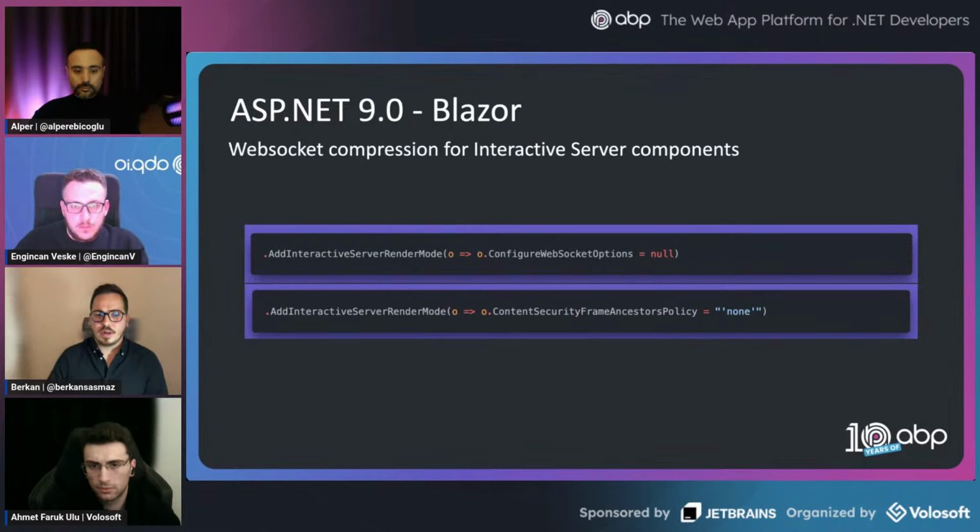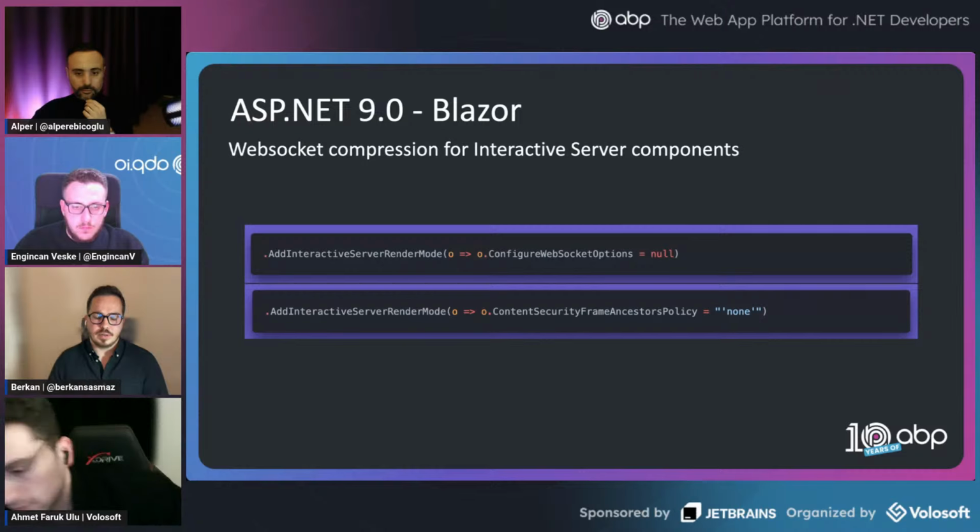Next up, by default, interactive server components enable compression for WebSocket connections and set a frame-ancestors Content Security Policy directive set to 'self', which only permits embedding the app in an iframe of the origin from which the app is served when compression is enabled or when configuration for the WebSocket context is provided.